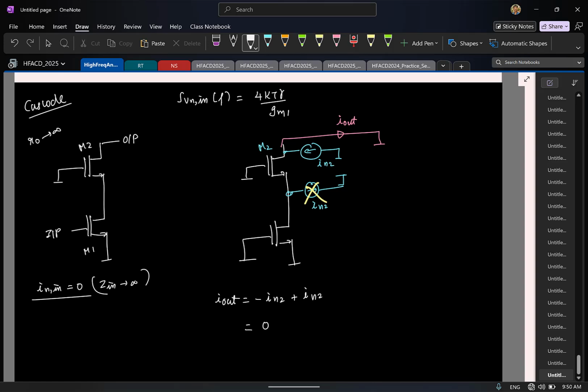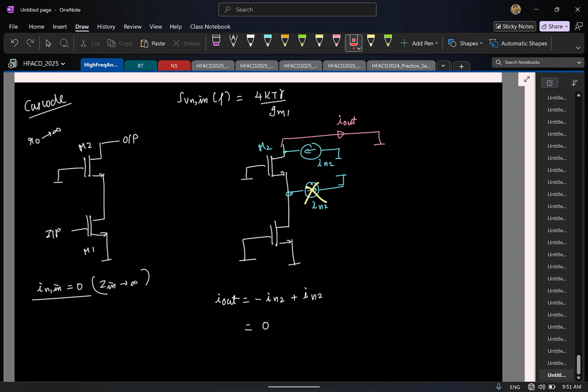Cascode is your very good friend who improves only the nice things in you: it makes sure that the output resistance of your structure is improved, but doesn't spoil you in any other sense. That way it is not adding any noise. This is an important property of Cascode, that it will not add any excess noise in your circuit. And again, this is exactly 0 because I ignored r0.